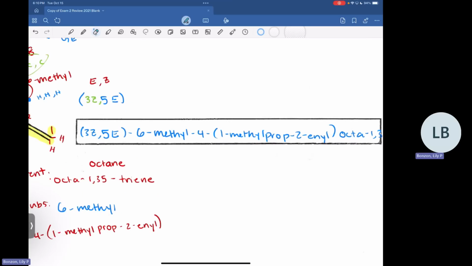So the prefixes are going to be, if it's just a 1, it's going to be just regular alkene. Then it would be diene, triene, and then tetraene. So tetra would be the next one after tri. I'm going to go ahead and move on for time's sake.